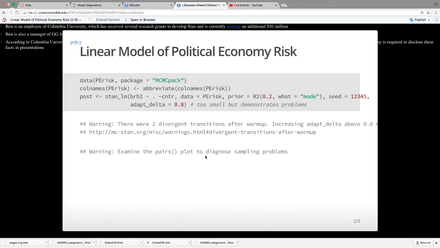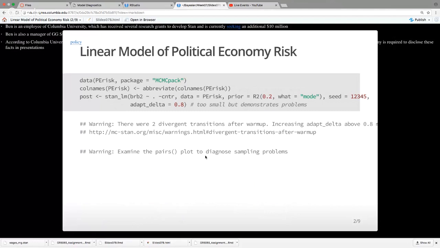Okay, so the diagnostics that we want to do today are for this model, this data set on political economy risk. We're modeling the black market premium on the exchange rate: how much a dollar is worth in the local currency if you exchange it with somebody on the street versus if you exchange it at an official government bank.